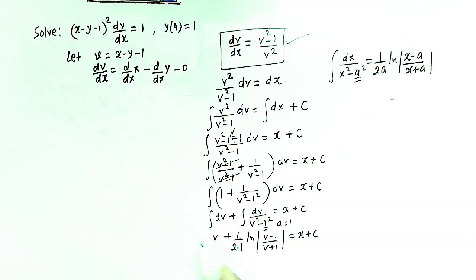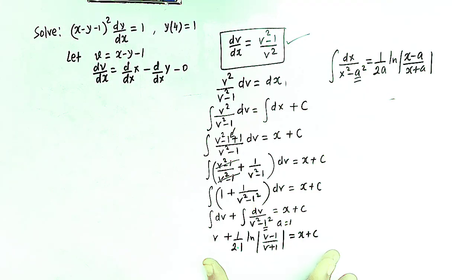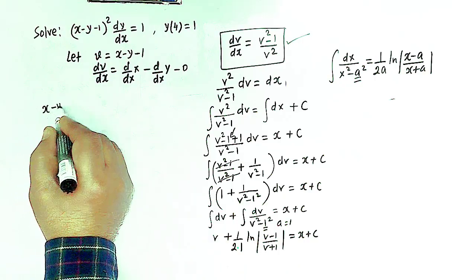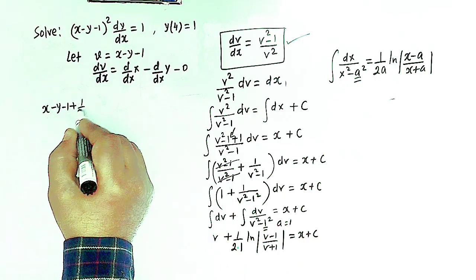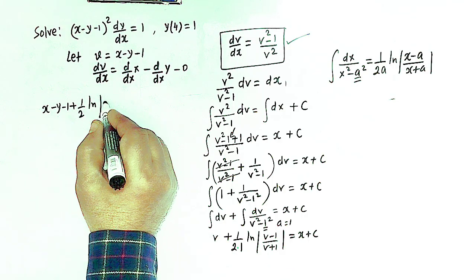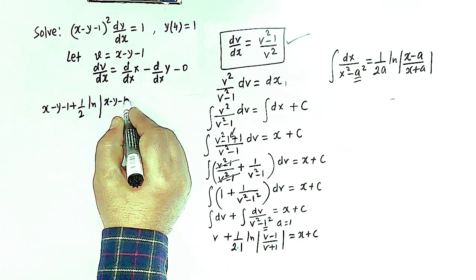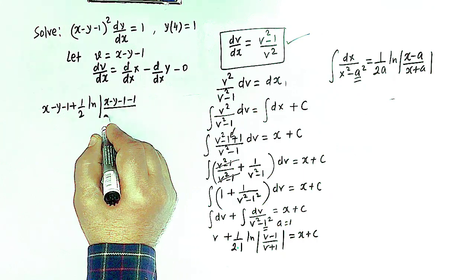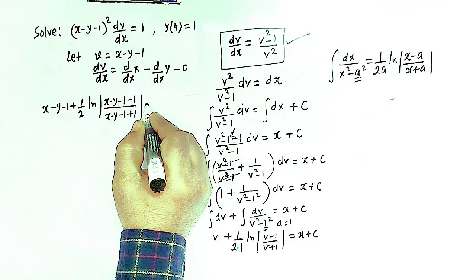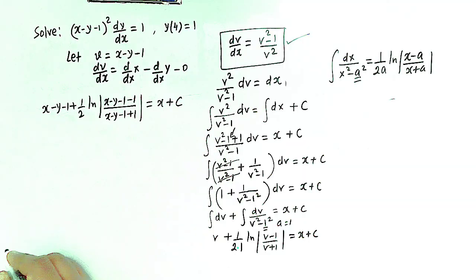So now substituting the value of v as x minus y minus 1 in this expression, we have x minus y minus 1 plus 1 over 2, and here we have natural log of v minus 1, v is x minus y minus 1, then we have minus 1, and x minus y minus 1 plus 1, and in the right hand side we have x plus c.